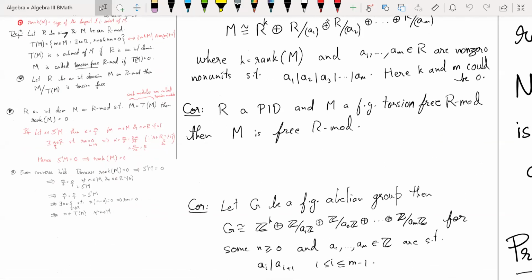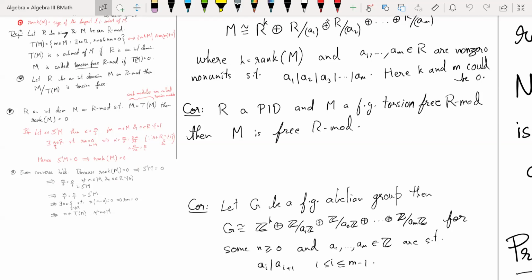Then G is isomorphic to Z^k plus Z/a1 plus Z/a2 plus up to Z/am, a direct product of cyclic groups, such that a1 divides a2 divides up to am. This is one version, and there is another version, which maybe I'll talk about later. The two versions are sort of equivalent; you can recover one from the other.